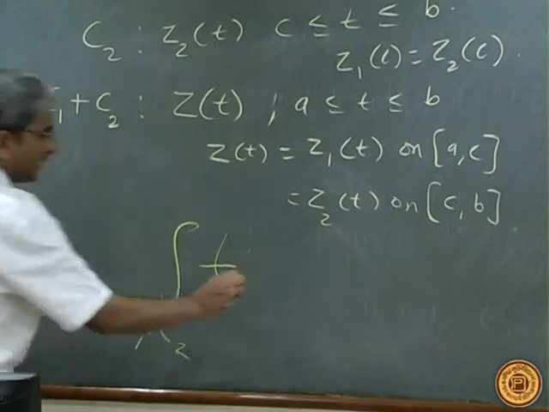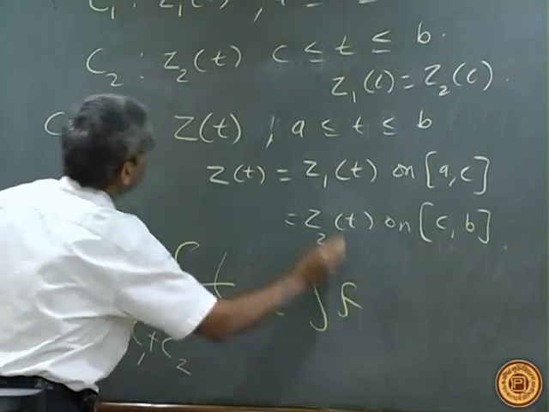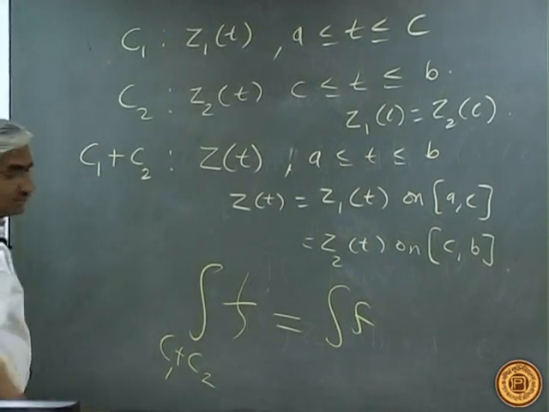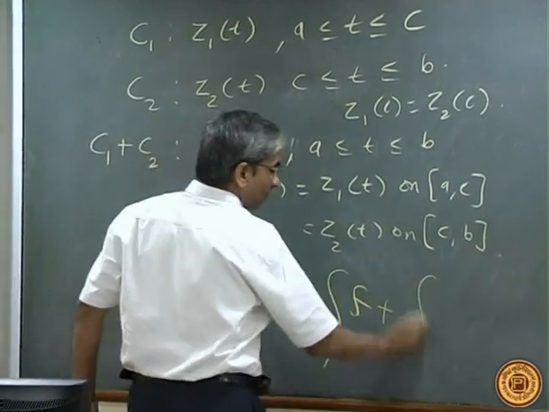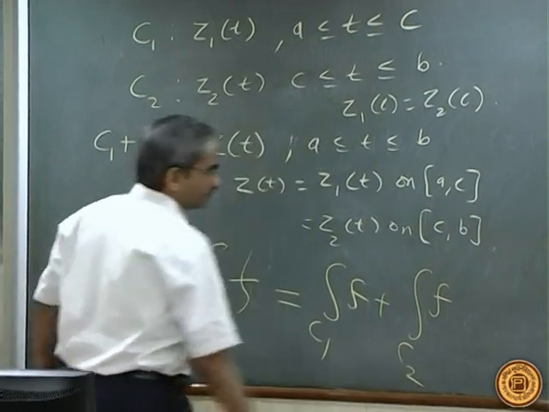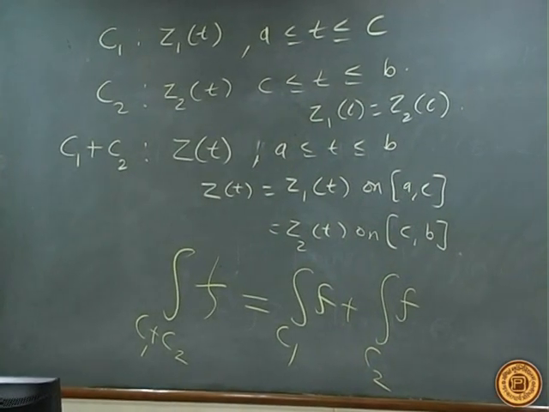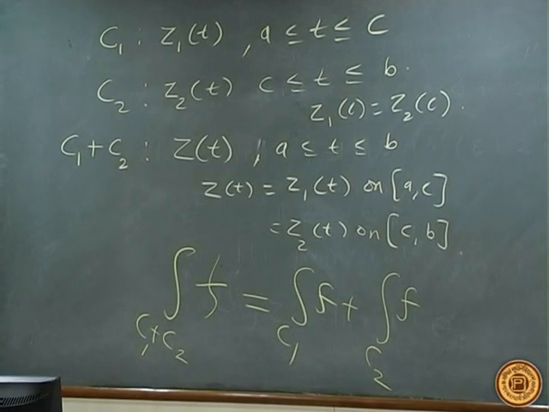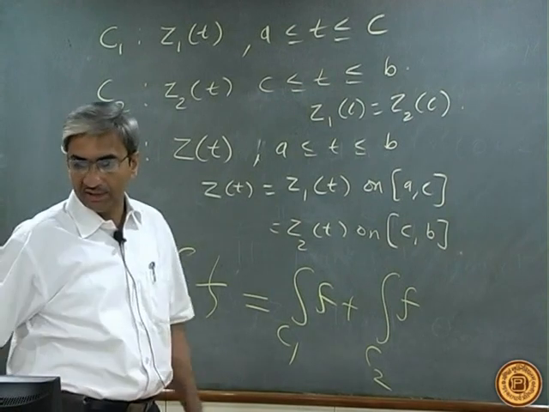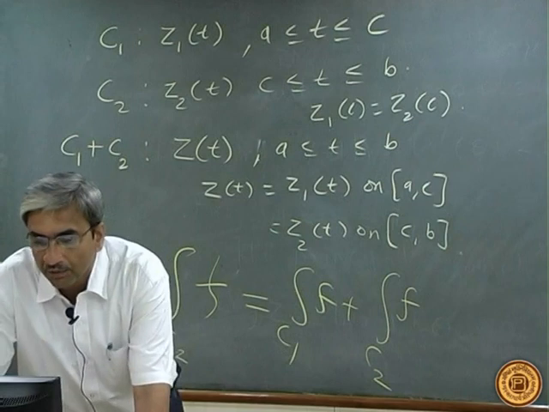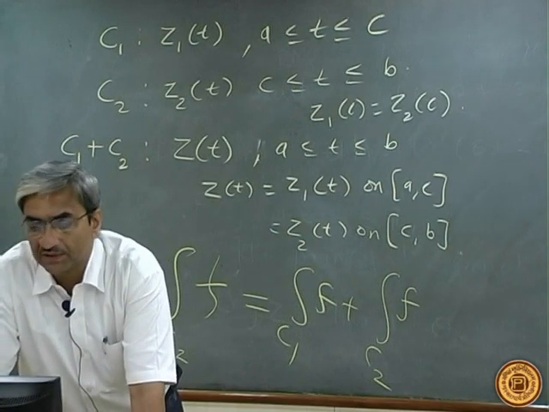We expect this integral to be the integral of f over curve C1 plus the integral of f over curve C2. That is what is stated in the theorem, and the proof is given there. The proof is straightforward once you know the definition.